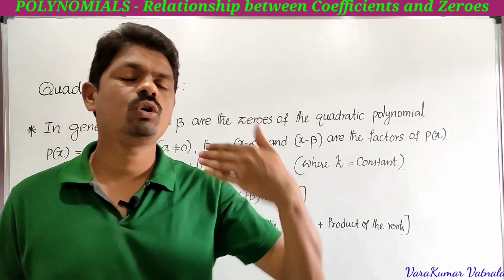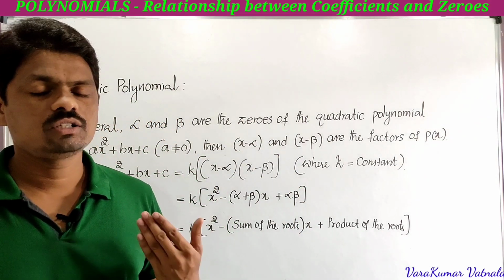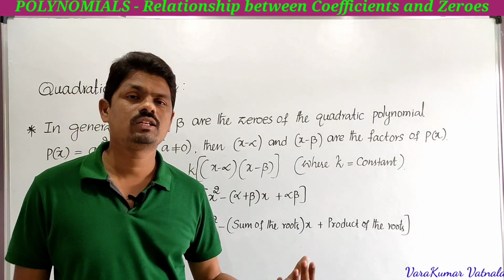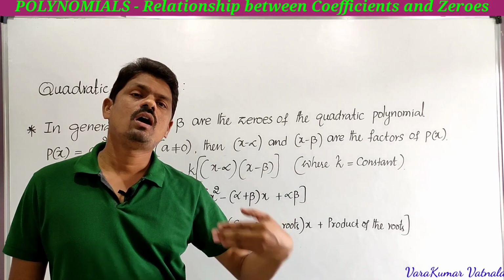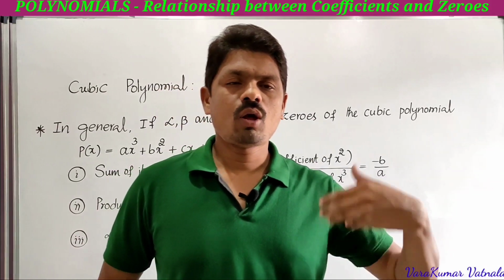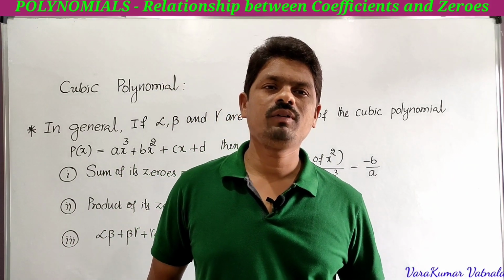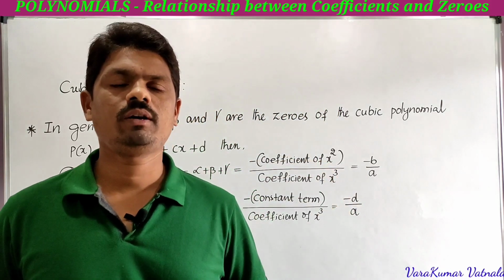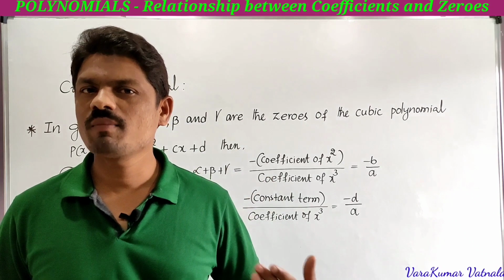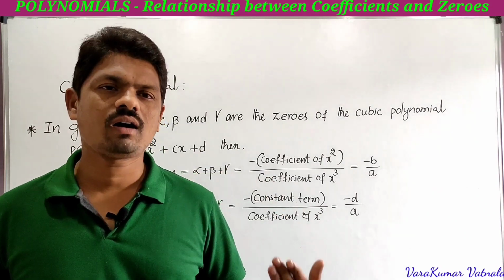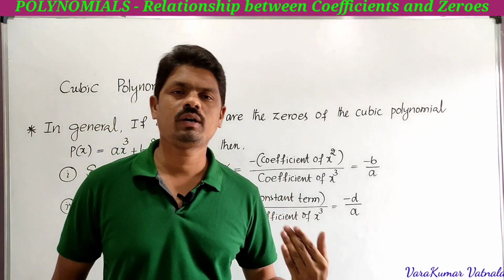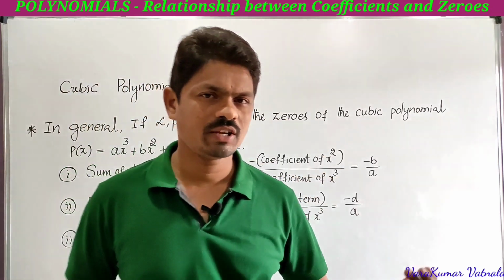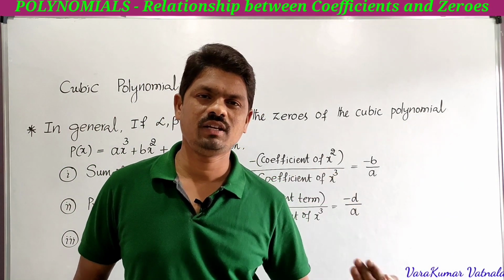Next, we have to learn about the relation between the zeros and the coefficients of the cubic polynomial. So now we have to find the relation between the coefficients and the zeros of a cubic polynomial. Let alpha, beta and gamma be the zeros of a cubic polynomial P of x equal to ax cube plus bx square plus cx plus d.